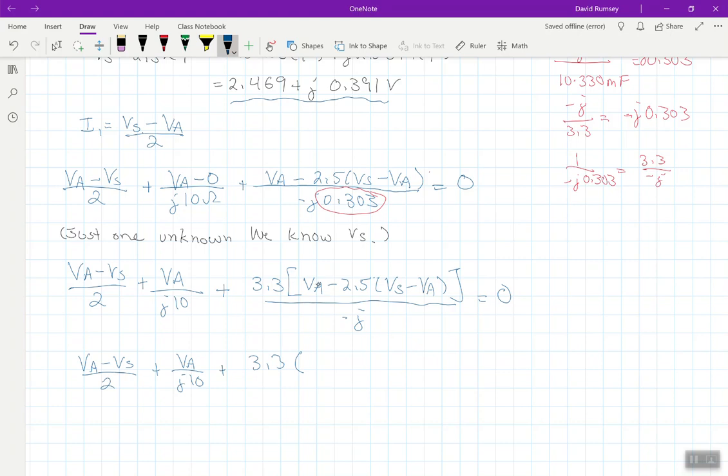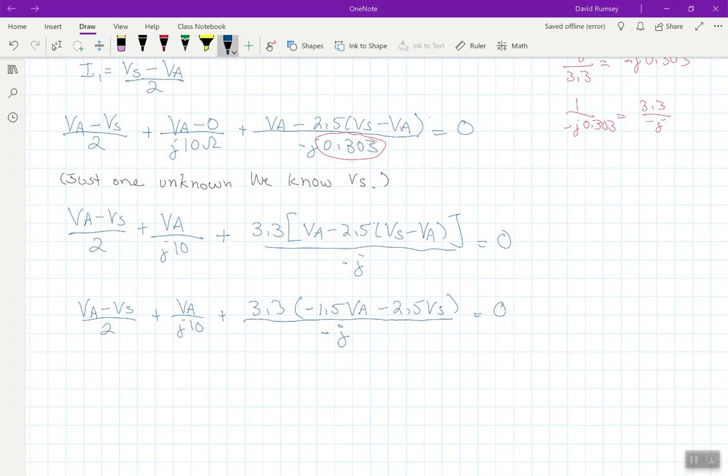Because I'd have Va minus 2.5 Va, so I have negative 1.5 Va minus 2.5 Vs, and this is all over minus j. Oh, but wait, look at these negatives. Let's multiply this by the negative.